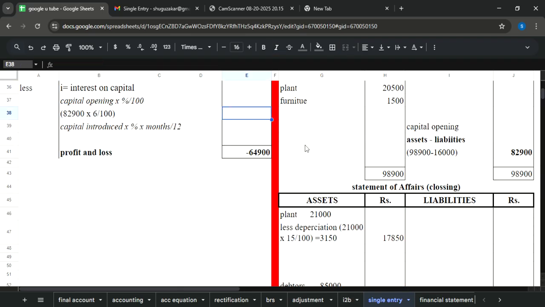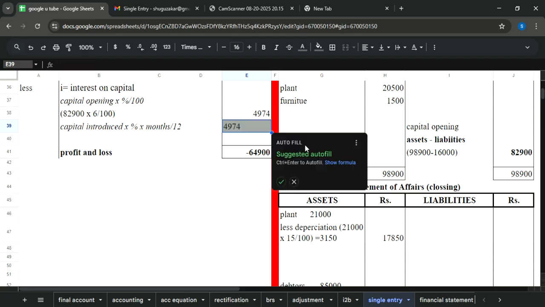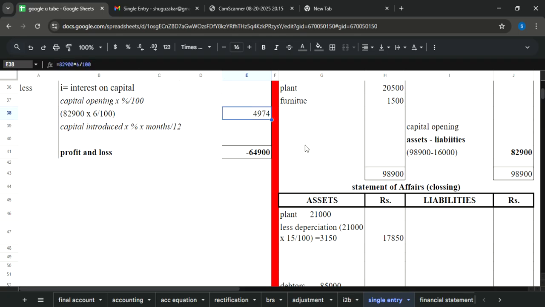How much amount? 82,900 was the amount of opening capital, then multiply by 6 divided by 100. You have got how much? 4974. Just note it down. This is your first interest, 4974. First interest on capital has been calculated.